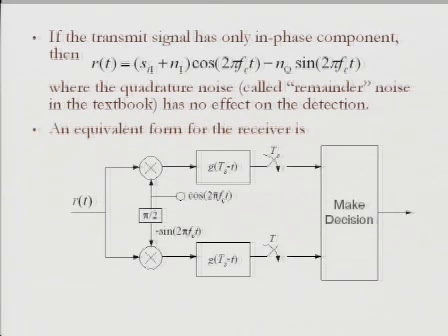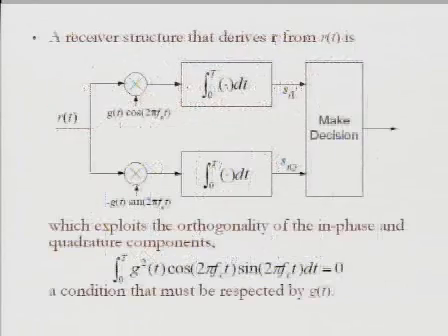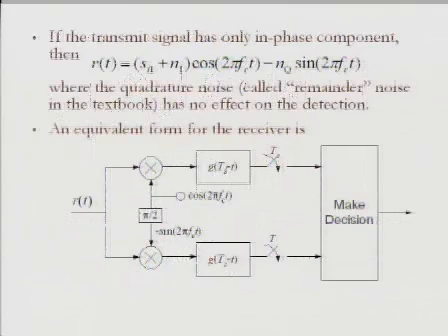Now, there is an alternative form for the receiver that we just saw, which is the one that is actually implemented, which is this one here. And let me take you through the equivalence, because it's not in the textbook, and it's not hard, but let's make sure that we follow. So we're going to go from here to here.